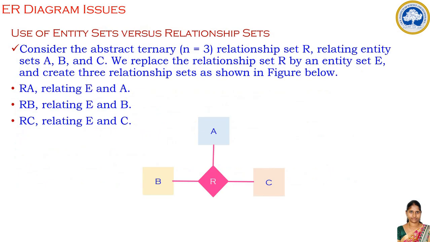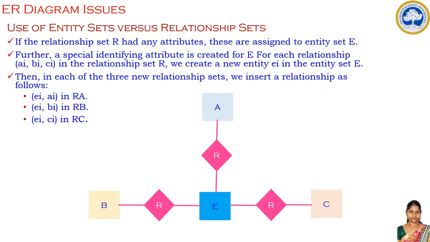If you see in this diagram, three entities are connected with a relationship set R. So it is relating entity A, B and C. So n equal to 3, and it is called a ternary relationship set.